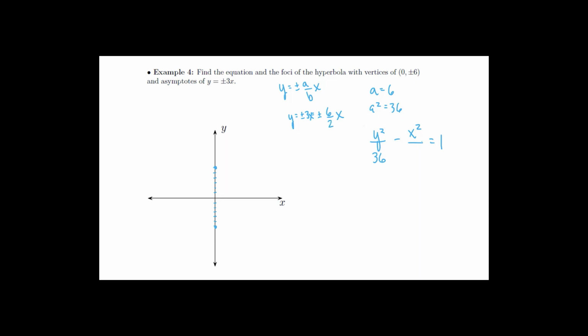So that tells me that b must in fact be 2. So if b equals 2, then that of course means b squared is equal to 4. So that gives us our formula. And so I can go 2 notches in either direction here. That's going to allow me to sketch my box.